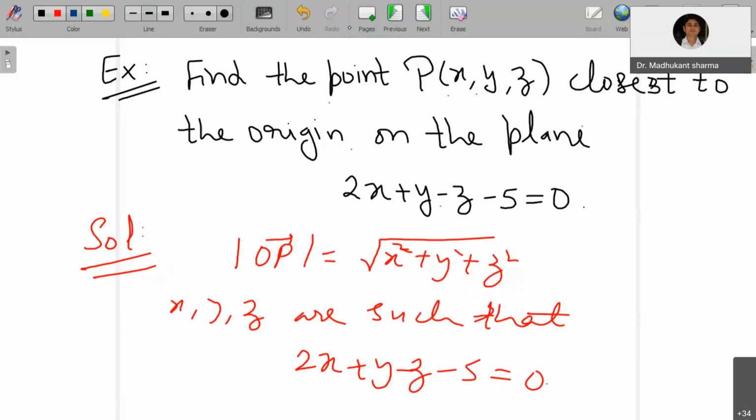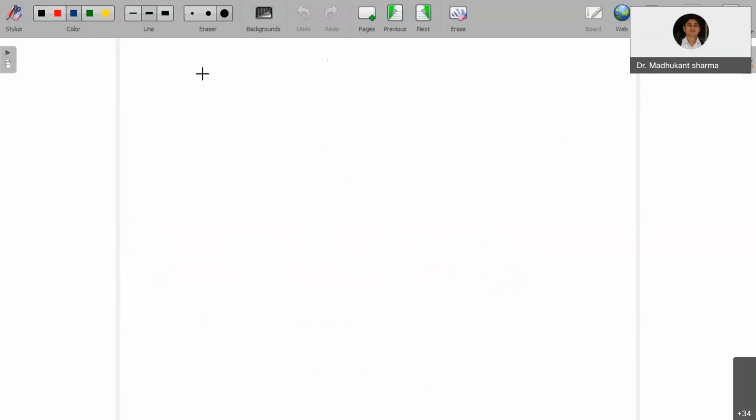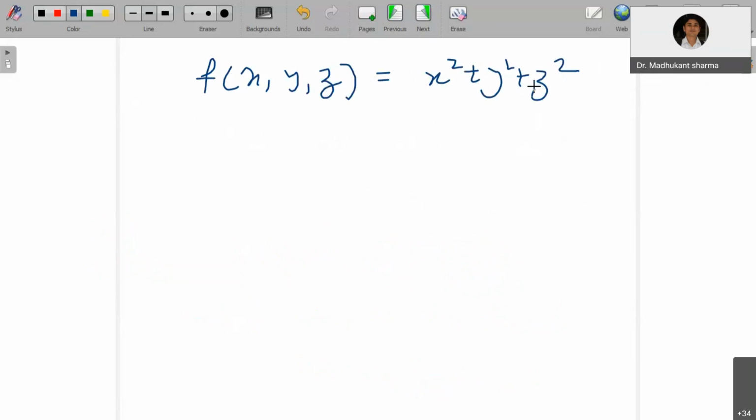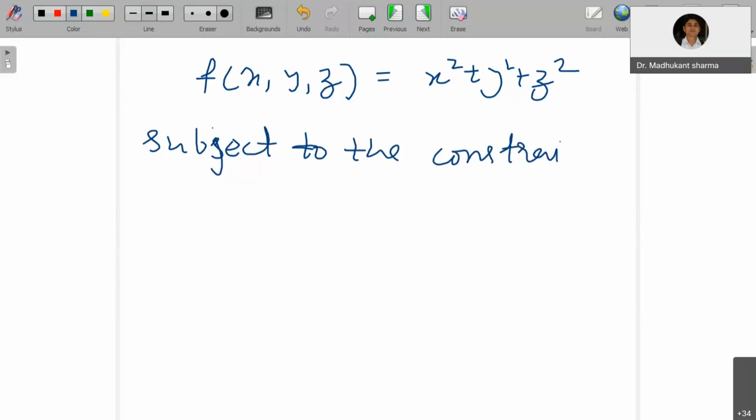So in particular, we can minimize the function f of x, y, z equals x squared plus y squared plus z squared, subject to the constraint 2x plus y minus z minus 5 equals 0.